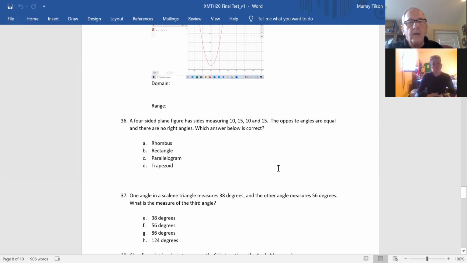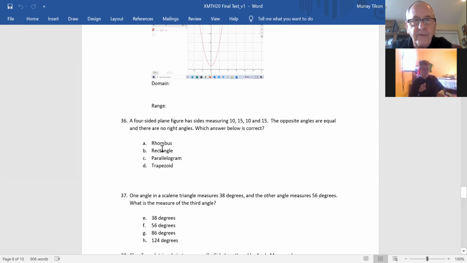Okay. Some plane figures. There's two-dimensional figures: a rhombus, rectangle, parallelogram, trapezoid. A rhombus is just any four-sided figure, basically. A rectangle is where the opposite sides would be equal, and there's 90-degree angles in there.